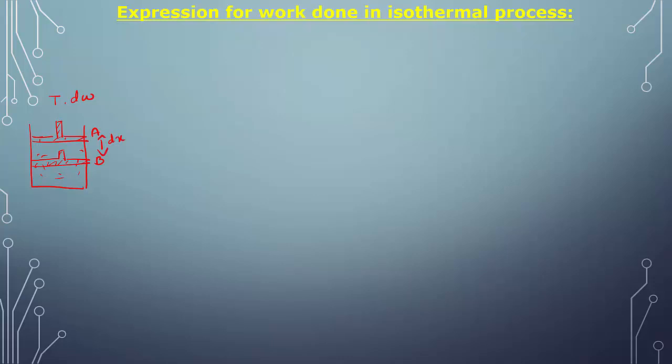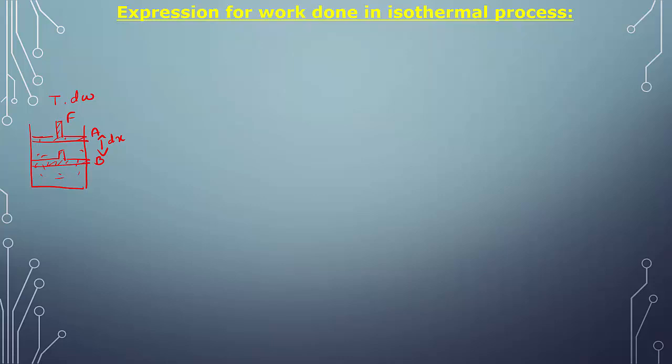Let us take it as dx. To move the piston, we need a certain force. Force is applied on the piston. The piston moves inside through a certain distance. So force into displacement is called work.